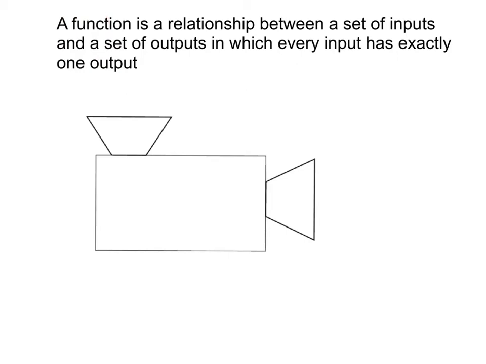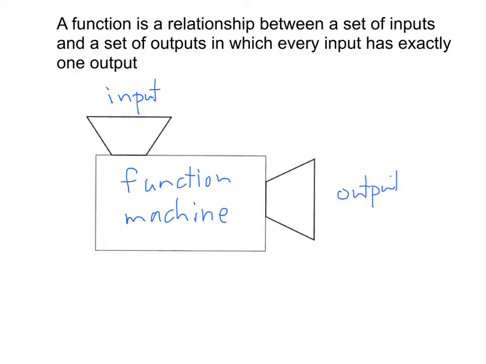but the best analogy I've heard to make this easier is to think of it as a machine. I have a little picture here. You can imagine this is a function machine. The basic idea is that a function is some kind of machine where you put in an input, and this function will do something with that input, and it will spit out an output.